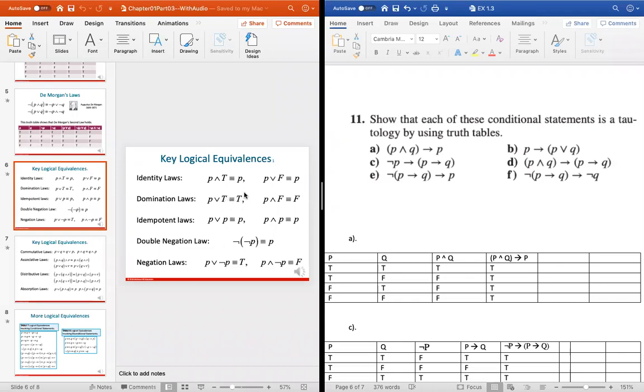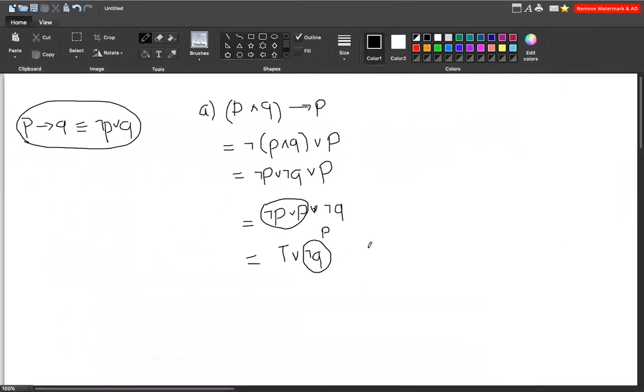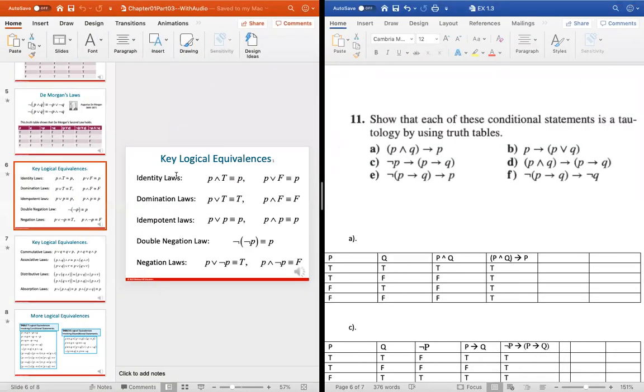P or T is logically equivalent to T. So therefore, T or this is logically equivalent to the truth value over here. Basically, the trick is to make these statements look equivalent to these forms so that we can replace them. Questions?